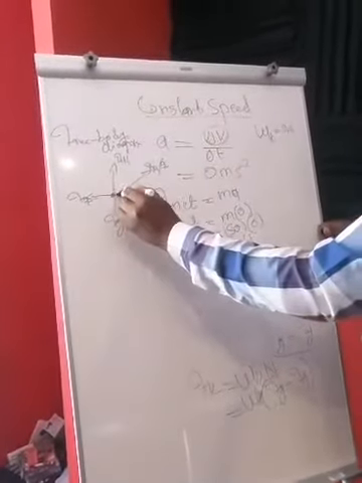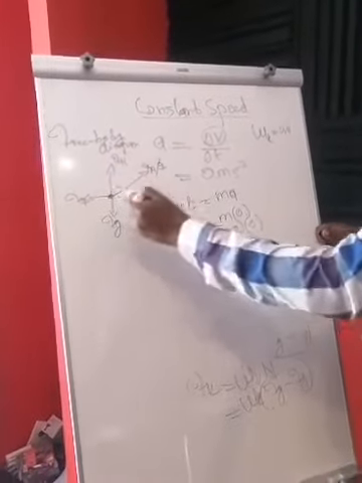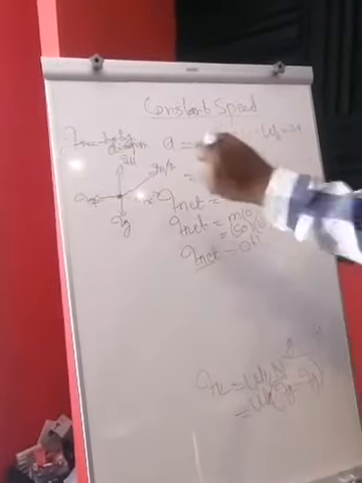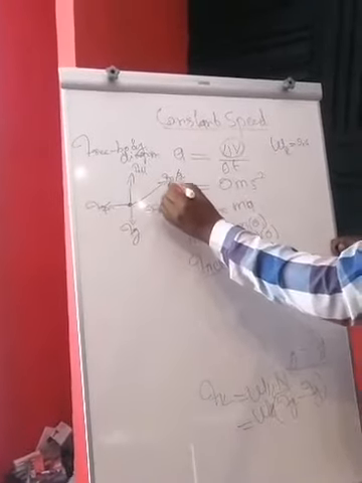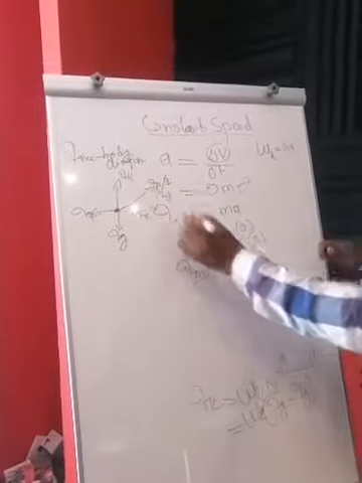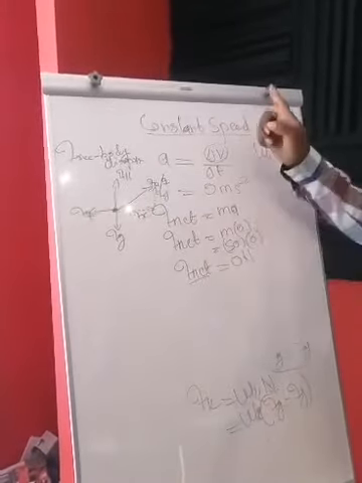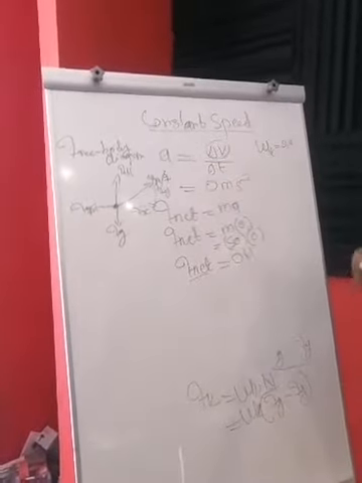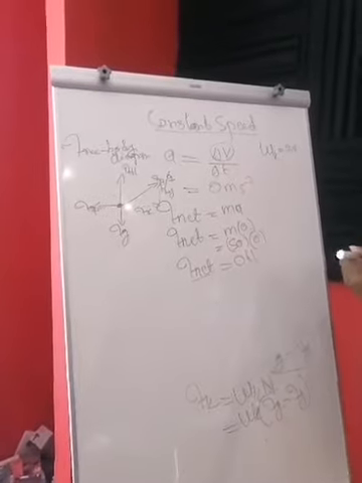We have our horizontal component Fx, going in the direction of the motion, to the right, and our vertical component Fy, going vertically up, in the direction of our normal force.